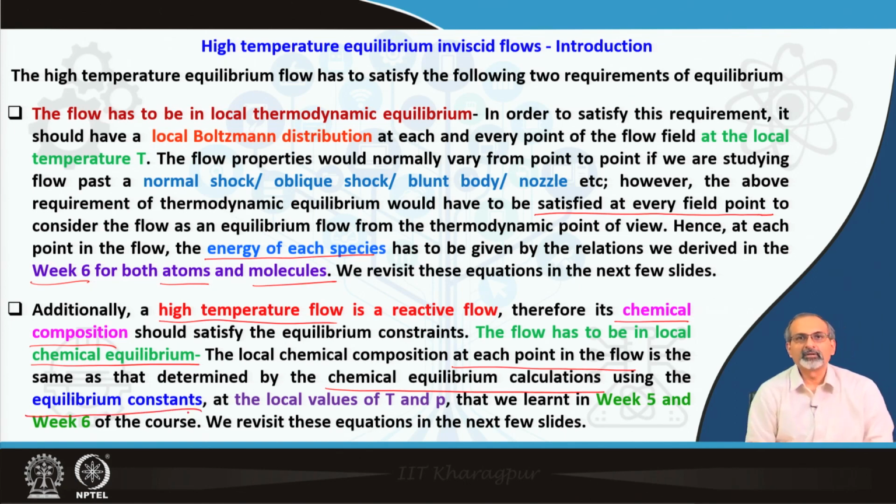We recall equilibrium constants being used at the local values of T and P. So, these concepts were initially introduced in week 5 and week 6 from the classical thermodynamics as well as statistical thermodynamics point of view. We are also going to briefly discuss these issues.